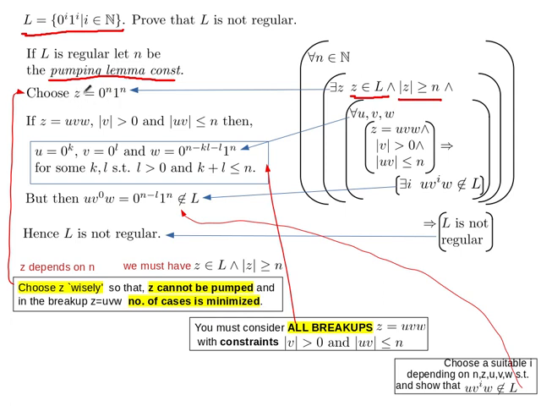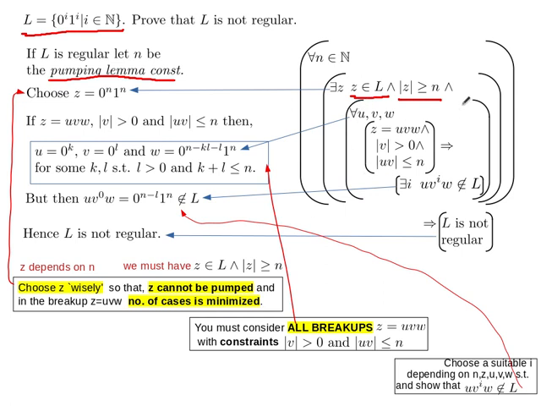So z is in L, and obviously its length is 2N. Now you remember that finally we have to show that this z cannot be pumped, right?